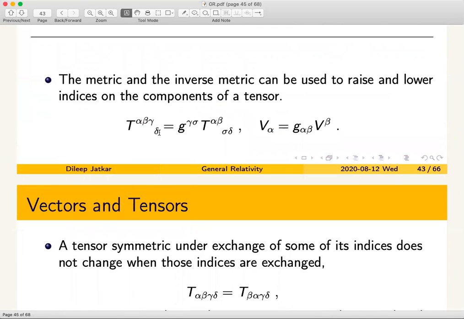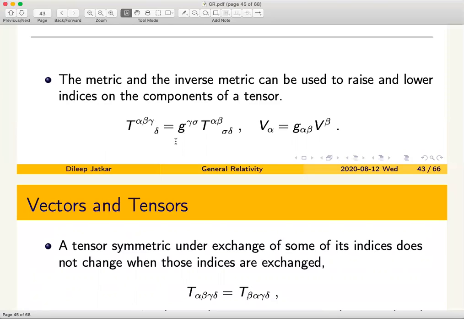So I could multiply by one more G inverse. For example, I write down G, say rho delta, and I can pull that index up also and write down a T alpha beta gamma rho with all indices contravariant, all indices upstairs.